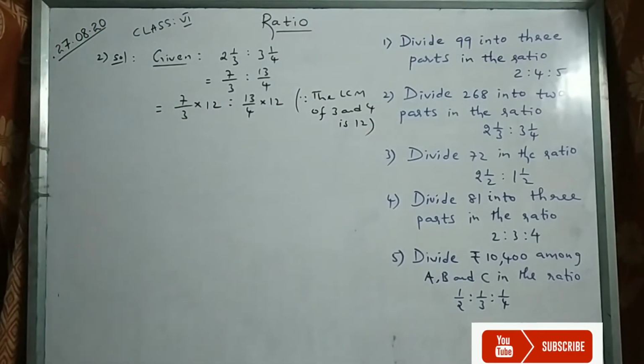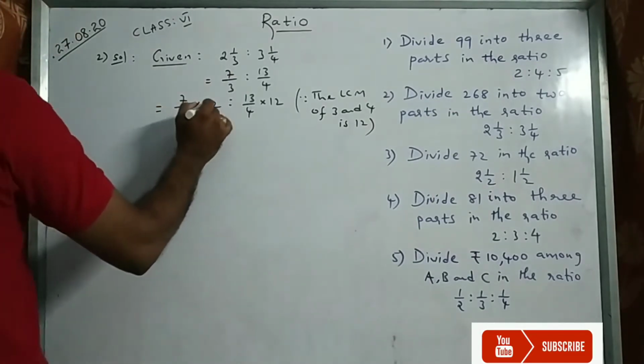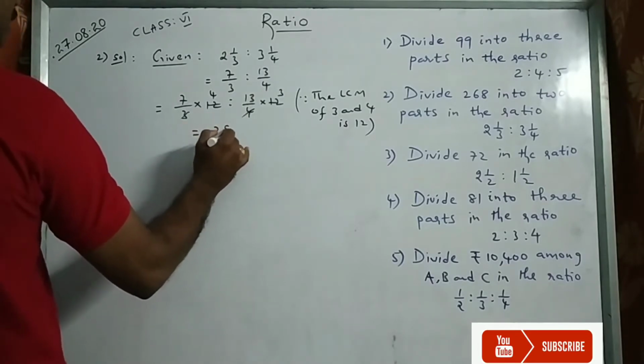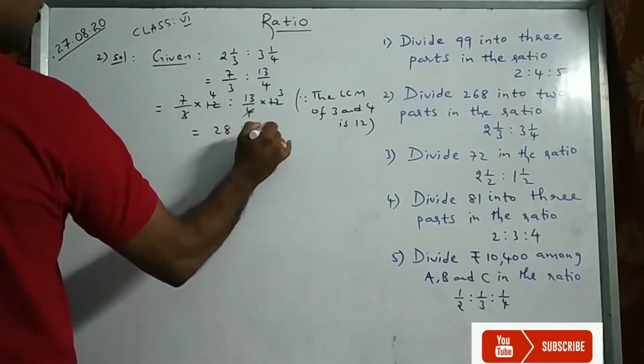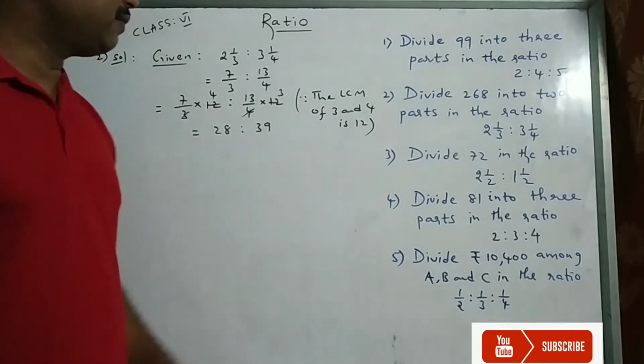With that LCM, you have to multiply both antecedent and consequent. 3 ones, 3 fours, 4 ones, 4 threes. So you will get 28 is to 39. 13 threes, 39. Now I got the simplified form.